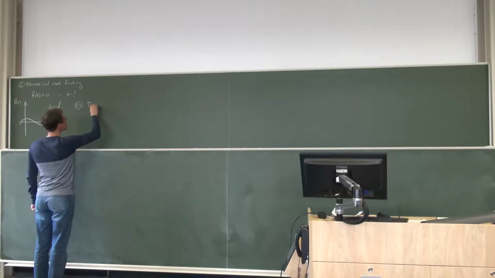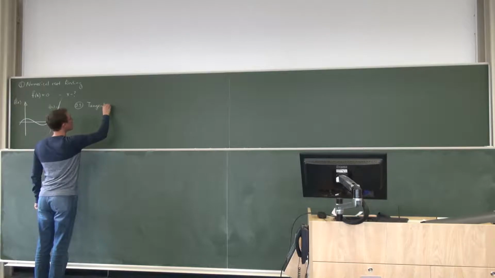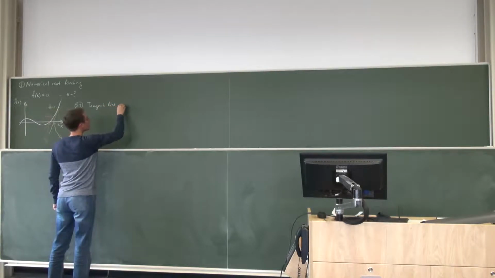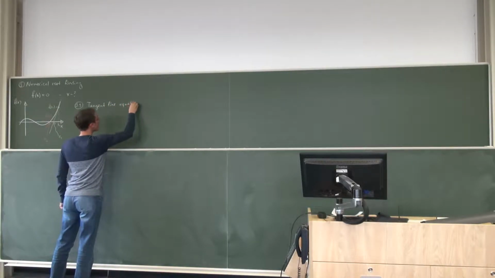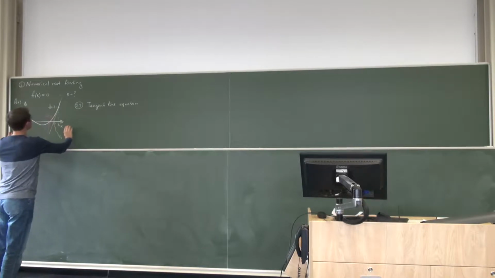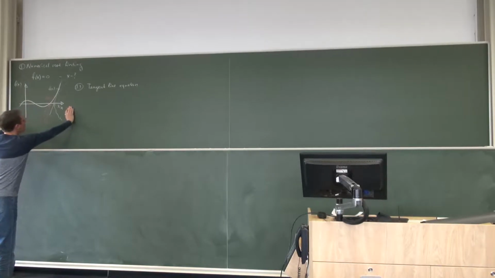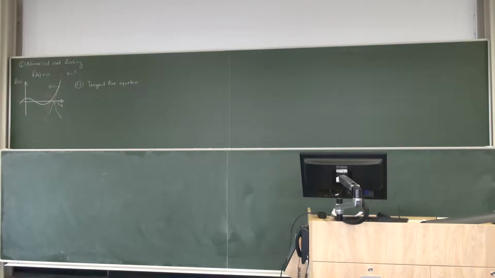Tangent line equations. Well, let's think about it. We have some function, and the tangent line touches that function at a particular point, so it shares the value, but it also shares the slope. So at that particular one point, the slope of the tangent line is exactly the same as the slope of the function.